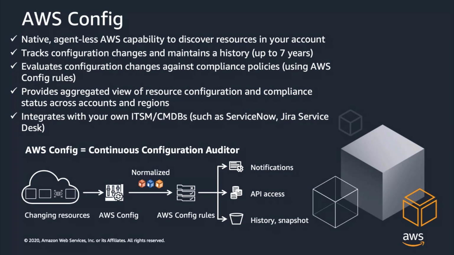With Config, you can review changes in configurations and relationships between AWS resources, dive into detailed resource configuration history, and determine your overall compliance against the configurations specified in your internal guidelines. This enables you to simplify compliance auditing, security analysis, change management, and operational troubleshooting.